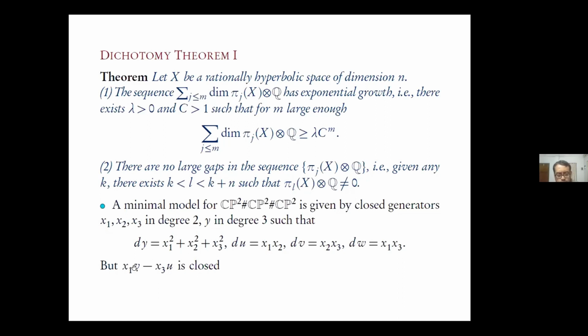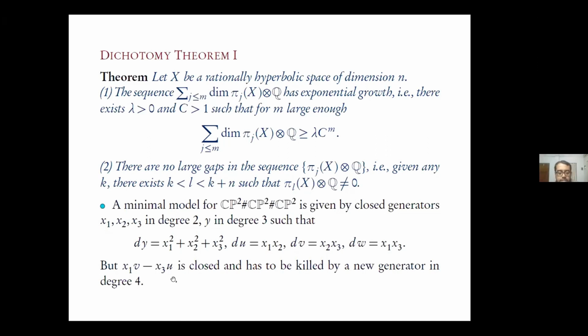But you see, this is an element of degree 5, right? Because X1 is of degree 2 and V is of degree 3. But there is no cocycle of degree 5 in here. This is a 4 manifold. So you have to kill this thing. And so you have to kill any such new closed element that appears by this construction. I have to keep killing them as you move higher and higher up to construct a minimal model. So at that point, it becomes an algorithmic process, but you have to kill them nonetheless.